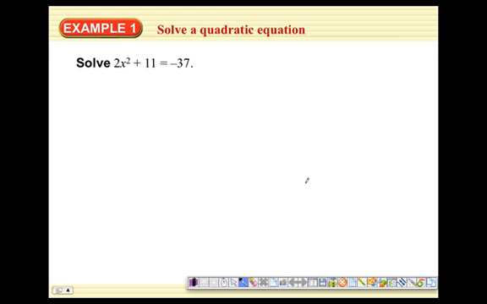Why is it? What are we looking for when we do factor normally? If you can't factor, then this cannot be factored. In this case, this can't be factored.